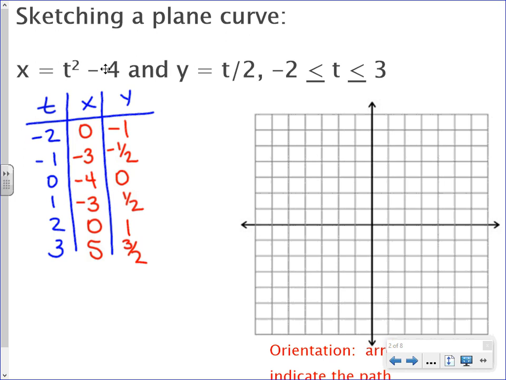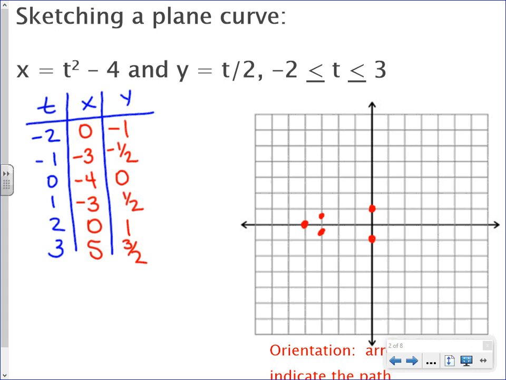Okay, we began with t equals -2: 0, -1. Then we moved on to t equals -1: -3, -1/2. T equals 0 is -4, 0. T is 1: -3, 1/2. T is 2 is 0, 1.